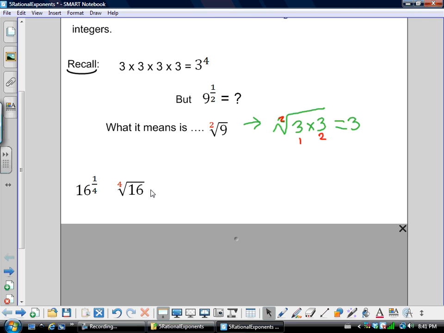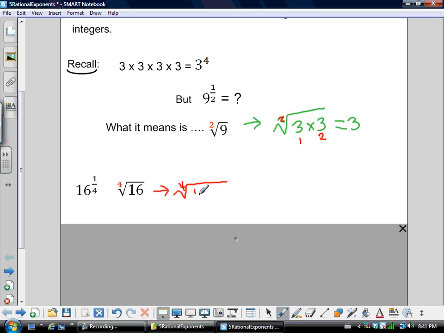Now the root sign is not necessarily square root. Okay, here it's the fourth root. What that means, very similar to when it was the 9, is the fourth root, and I want to come up with a product for 16 that has the same number 4 times.